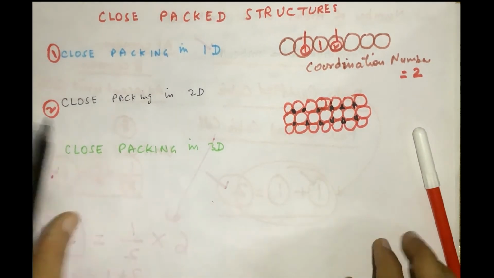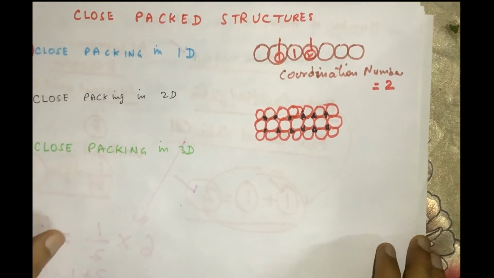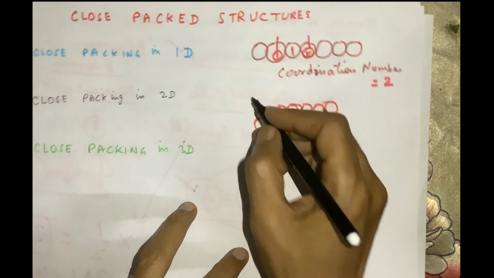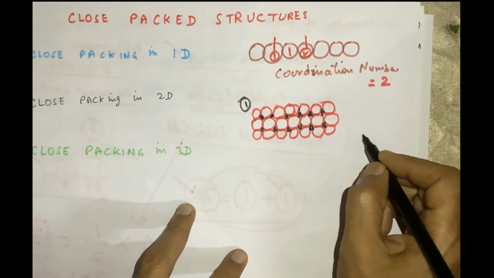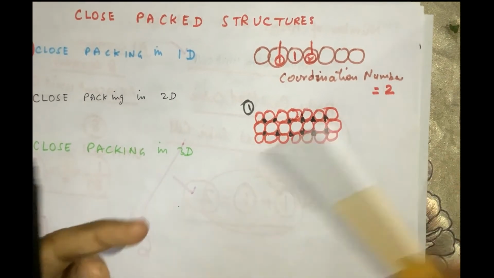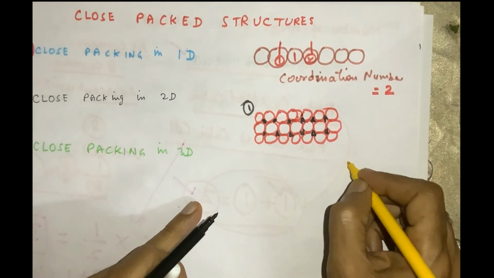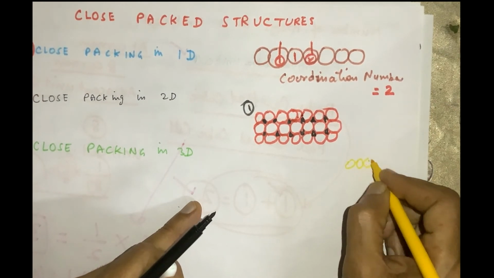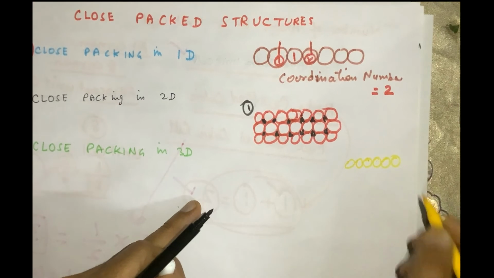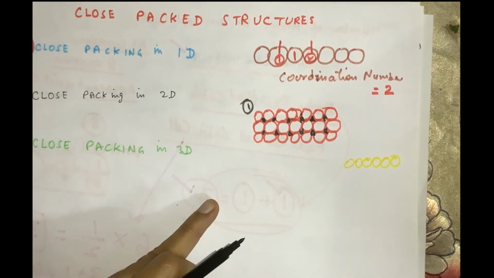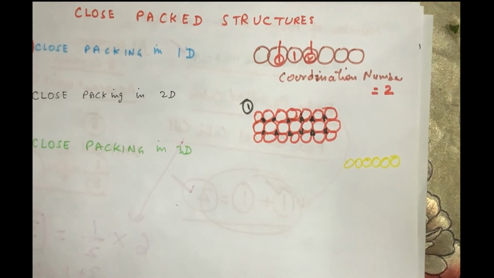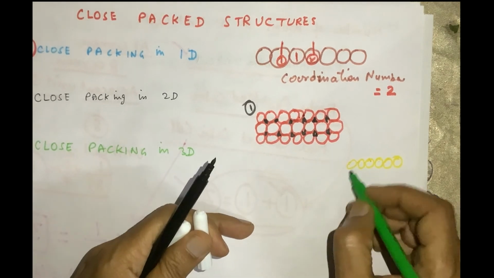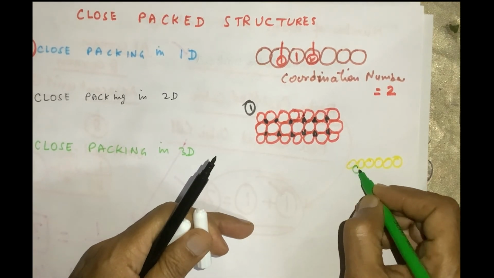This is the first method. The other is, if we are having one dimension, and the other is drawn like this.